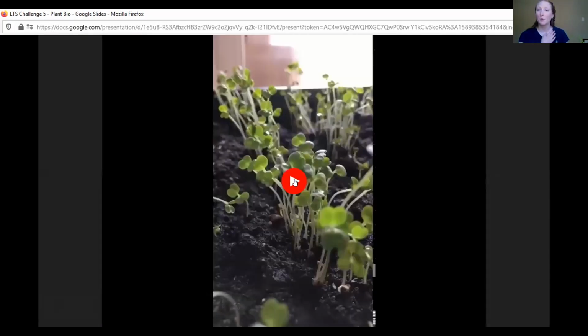All right, so one really cool function about plants is that they can photosynthesize. And what that means is they actually create food for themselves. They take light and they take carbon dioxide out of the air and water. They combine those things and they create sugar.